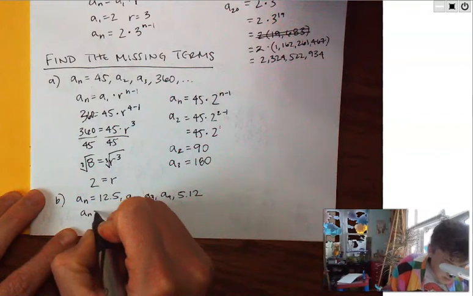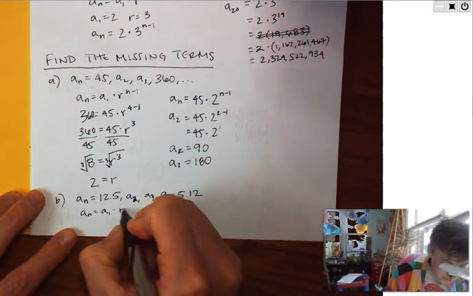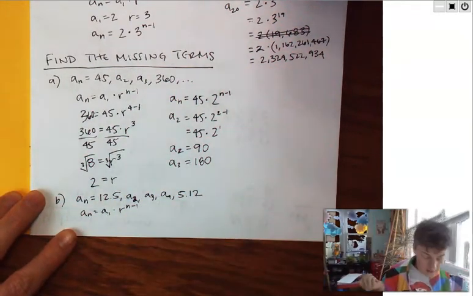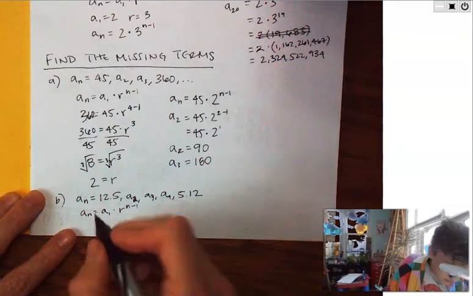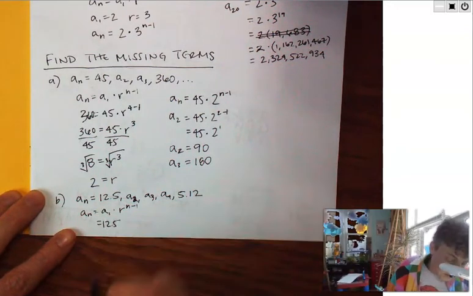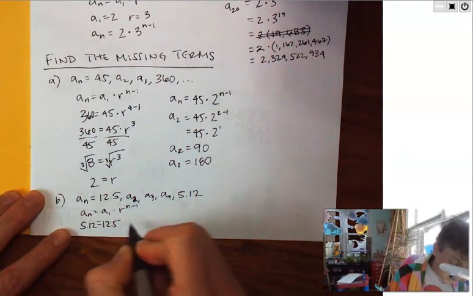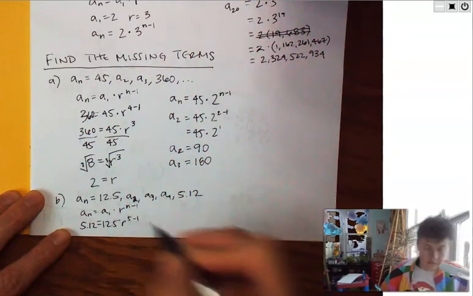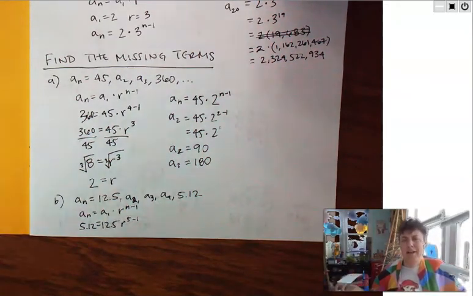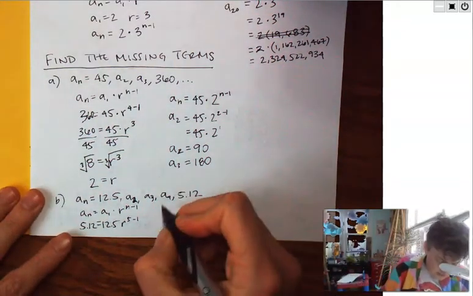A sub n still equals a sub 1 times r to the n minus 1. Right? That's cool. We still know the first term already is 12.5. We still know that the 5th term is 5.12. It's like not even hard. Right?